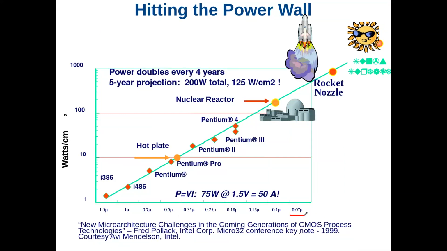So as you can see, the technology is improving and you are able to compress more and more transistors into your same amount of area. And what the y-axis shows is the amount of power dissipated. And if you go on following this trend, starting from, let's say, i386 to i486, Pentium, and so on, when you were at the Pentium scale, the amount of power dissipated was similar to what a hot plate is going to have.